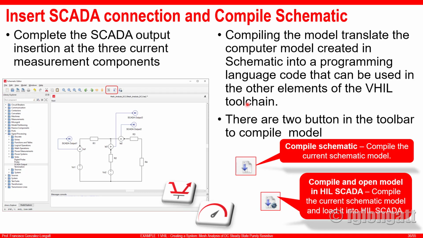Okay? Now your job is to put SCADA output 2 for the current I2 and a SCADA output 3 for the current I3, okay? When you finish that process, well, we are finishing almost at the schematic editor.